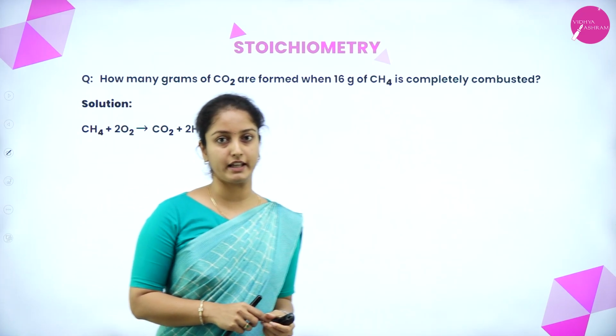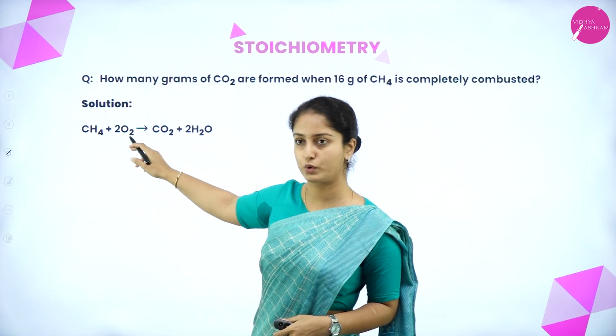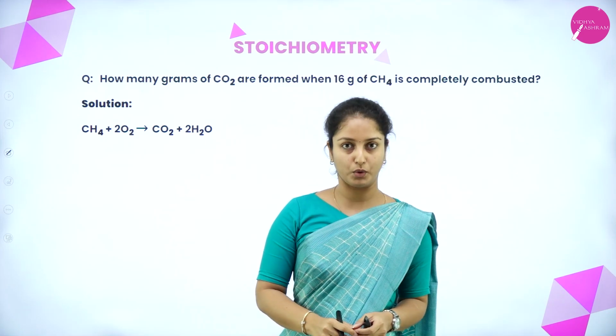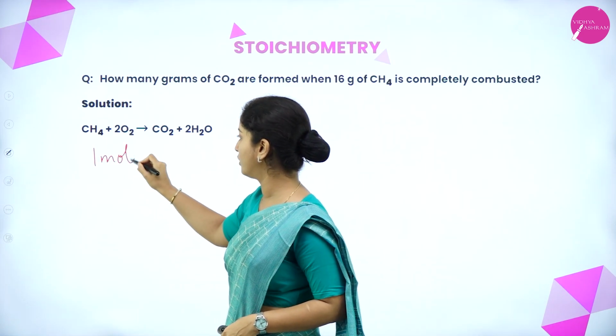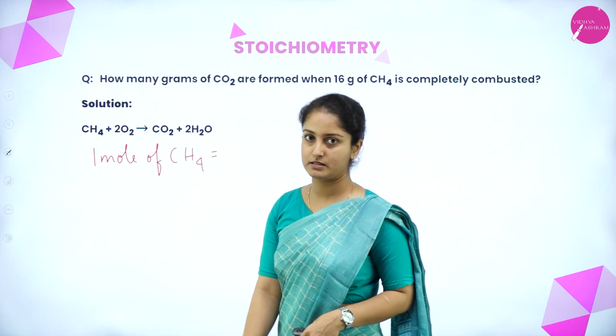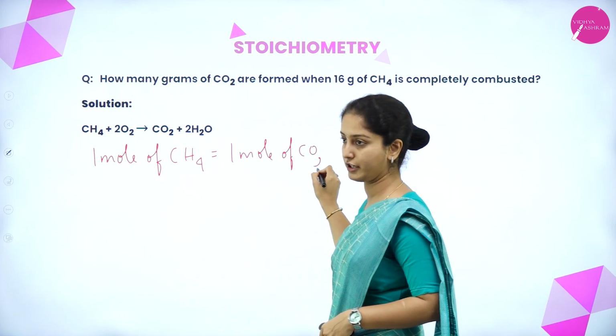Now, how to find that? We should know the balanced equation, that is CH4 plus 2O2 gives rise to CO2 plus 2H2O. So, 1 mole of CH4 produces 1 mole of carbon dioxide.